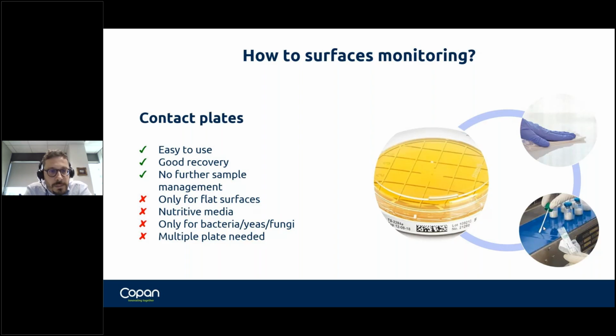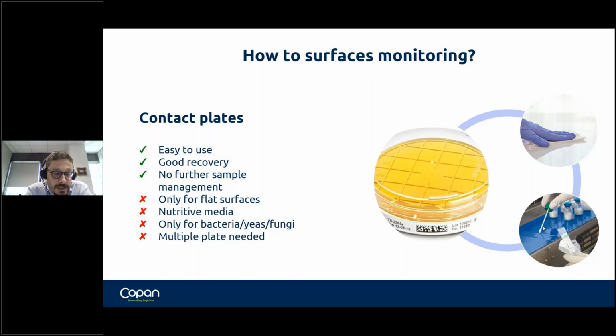In the case of contact plates, they are, without any doubt, very easy to use. They show, generally speaking, very good recovery, and they don't need any additional sample management, because they just have to be incubated. The problem with contact plates is that they can be used only for flat surfaces.